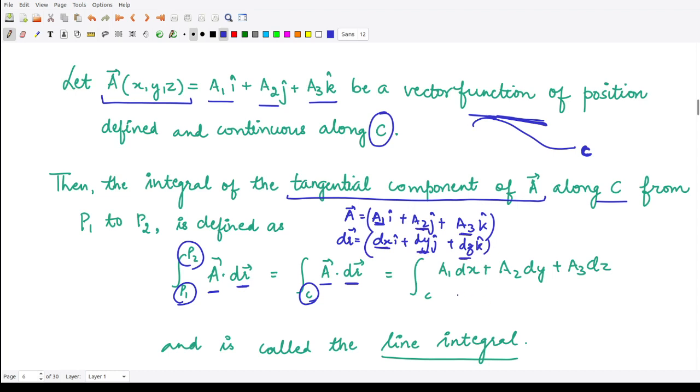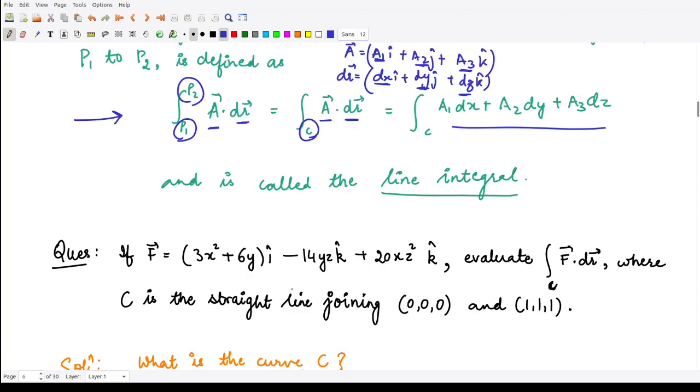So we define the line integral by this quantity. In general, if you perform the integration with respect to any curve, you will obtain the line integral of that vector point function.